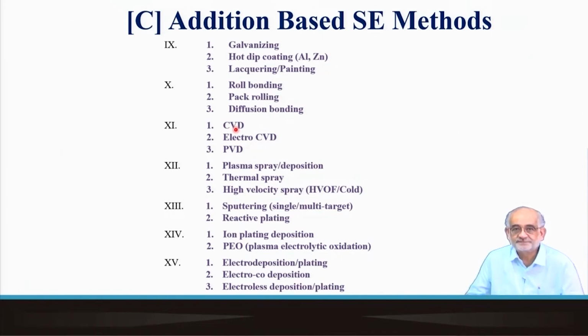Say for example, plasma spray or deposition essentially is a very special approach where you take the material in the plasma state, and I'm sure all of you would recall that plasma essentially is a quasi-steady state where you have neutrals, ions and electrons, 3 types. If you think of a neutral atom, by some means if you can take some of the electrons out, then it becomes an ion. So you have ions, you have electrons and also some neutrals.